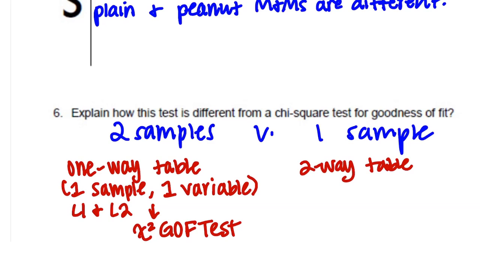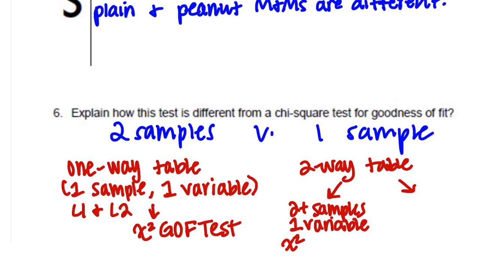And we actually have 2 kinds of tests that come out of a two-way table. In a two-way table, we could have 2 or more samples and 1 variable. And that is when we do the chi-squared test of homogeneity. But there is another kind called chi-square test of independence.